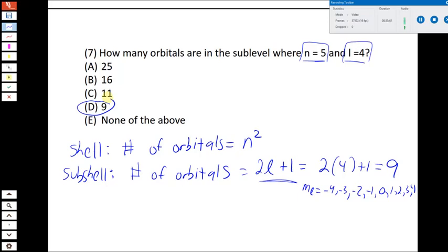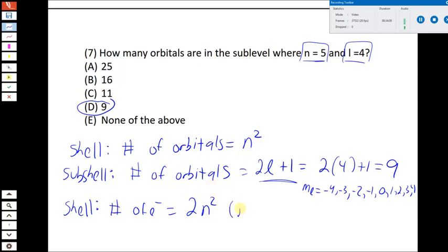And so if there's a maximum of 2 electrons per orbital, we just double these relationships to figure out how many electrons would be allowed to be in one of those shells or subshells. So for a given shell, the number of electrons, again, this is maximum, this is not how many they will always have, but the maximum number of electrons is just given by 2n squared. We take the number of orbitals and just double it.